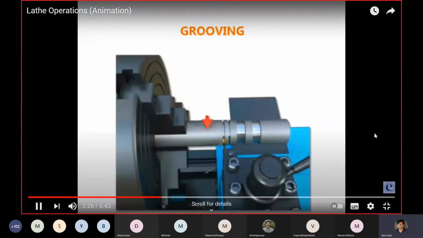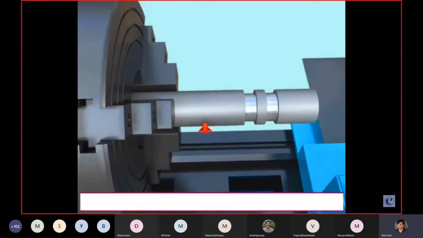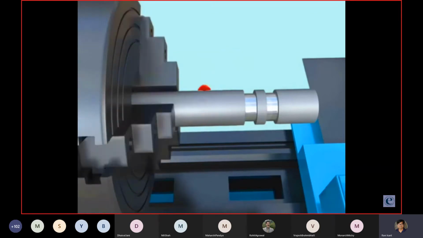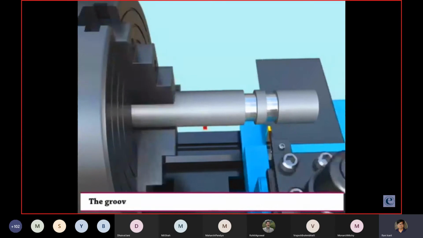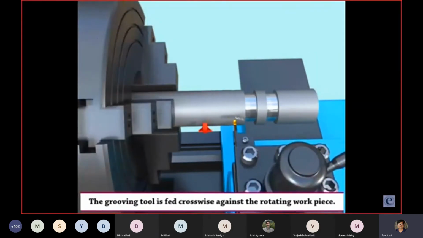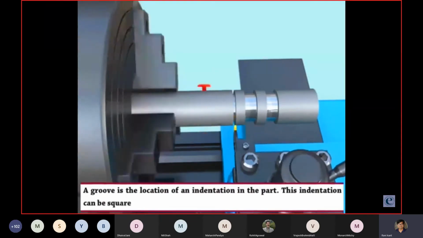Grooving. In this video, we are going to see about grooving operation. Grooving is also known as recessing, undercutting, or necking. Consider a workpiece held in lathe. The grooving tool is fed crosswise against the rotating workpiece. A groove is the location of an indentation in the part.